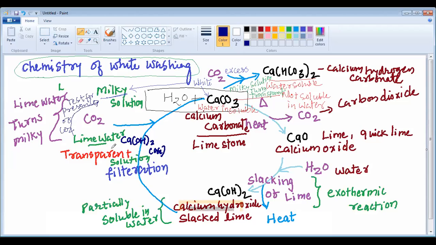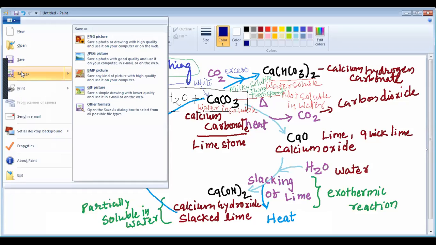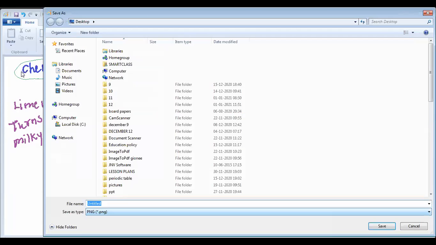So if we take lime water and pass any gas, and if the lime water turns milky, then we can say that that particular gas is carbon dioxide. And this is how the presence of carbon dioxide can be understood by turning lime water milky.